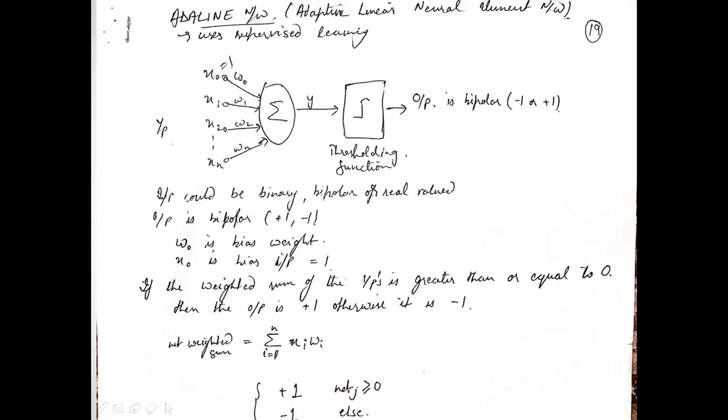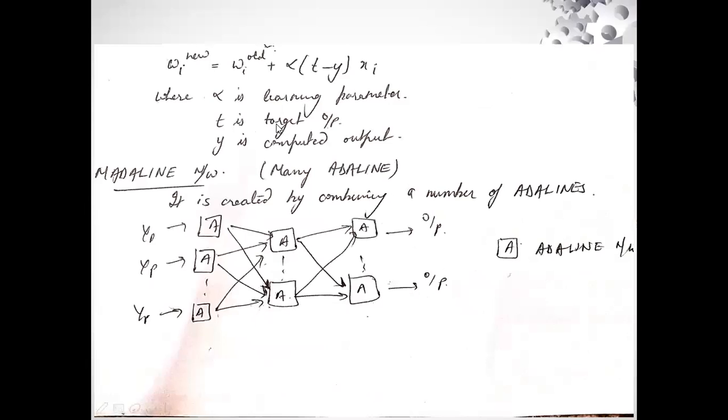So moving further, when we design the algorithm for this, whenever the actual output is not equal to the target output, we are going to adjust the weights of the network. We are going to calculate the new weight, and in the earlier session we have understood the algorithm for that. The new weight will be equal to the old weight plus alpha, the learning parameter, multiplied by the input xi.